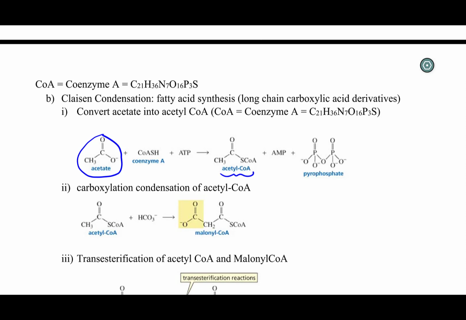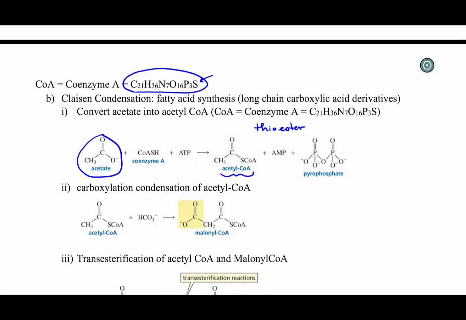Now, coenzyme A, just not to pass anything too far past you, is this, okay? So it contains a sulfur, it's a thiol, and that sulfur can form a bond with the carbon, and this is known as a thioester because of the presence of a sulfur instead of an oxygen.